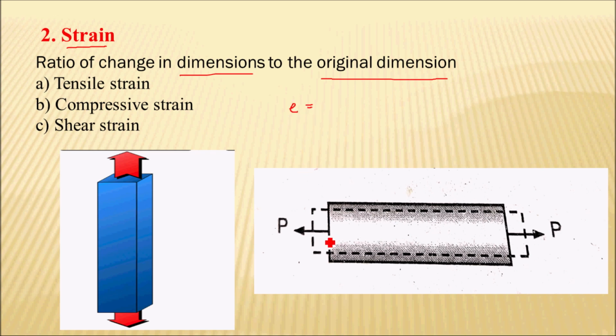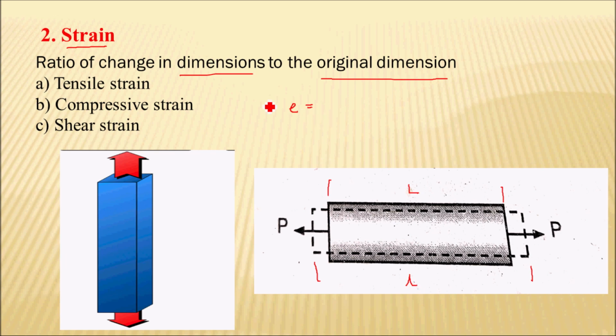Here in this image you can see that due to this force there is an increase in length of this rod. So strain is nothing but the ratio of change in dimension to original dimension. Let's say the original dimension was capital L and the change in dimension is small l.